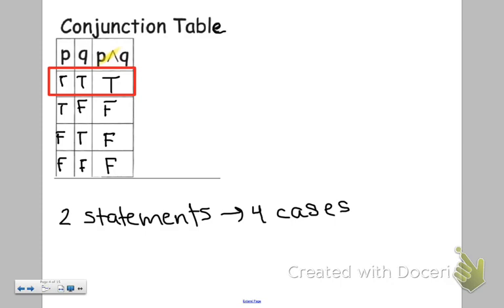So let's make ourselves a little note here that the one case we want to remember for and is true, true, and true.